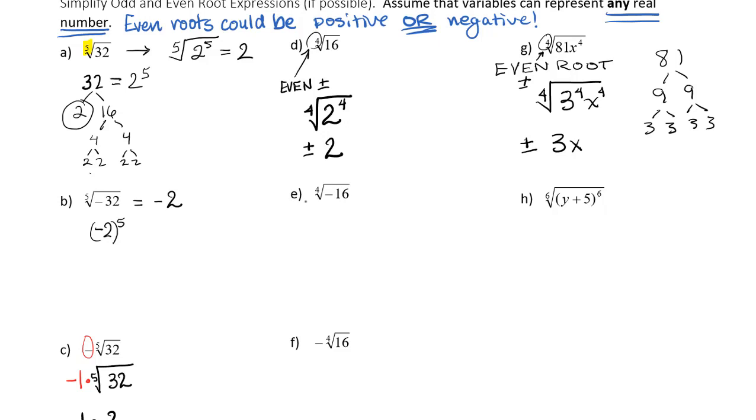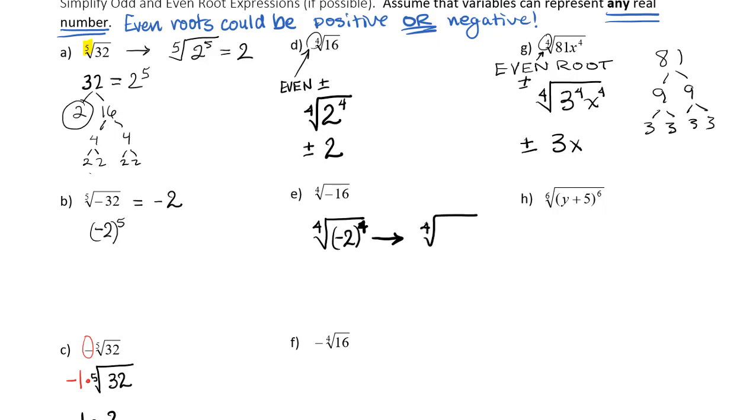Let's look at the 4th root of negative 16. This is similar to D directly above it. This will give us the 4th root of negative 2 in parentheses raised to the 4th. If we were to multiply negative 2 to itself 4 times, we would get positive 16.